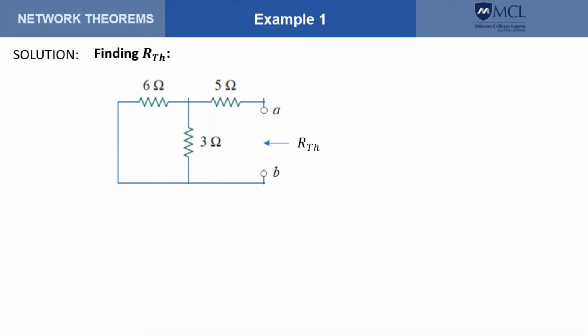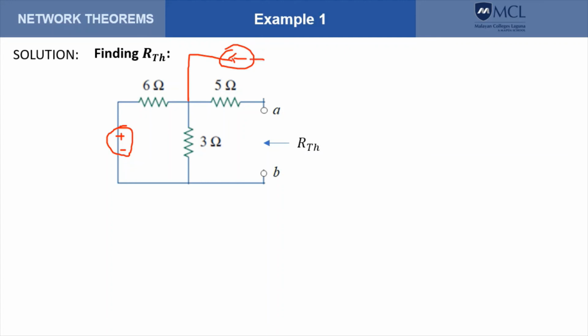Now for RTH, again, we go back to the circuit that we want to convert, but with the independent sources disabled. Earlier, we have here a voltage source and also a current source here.